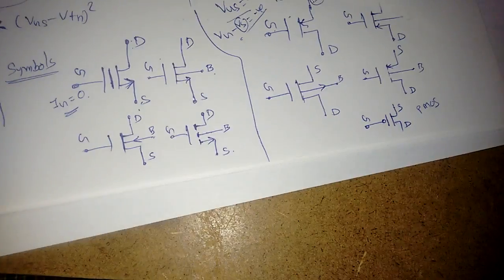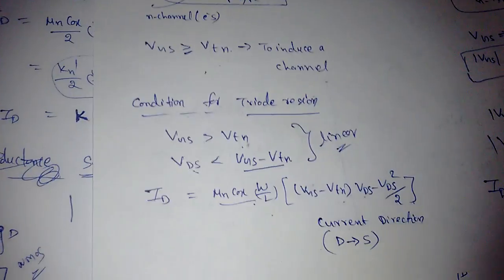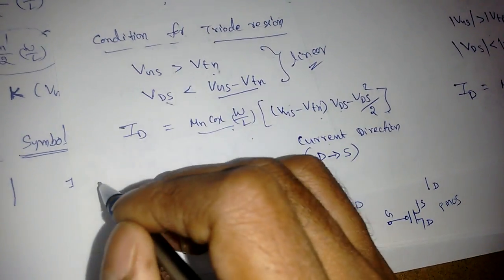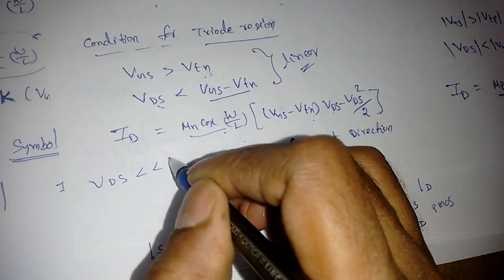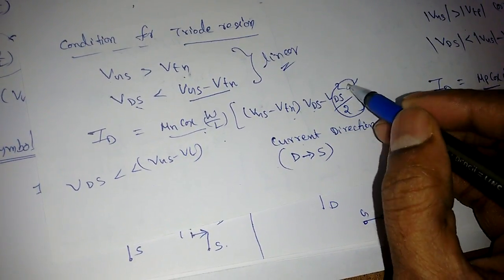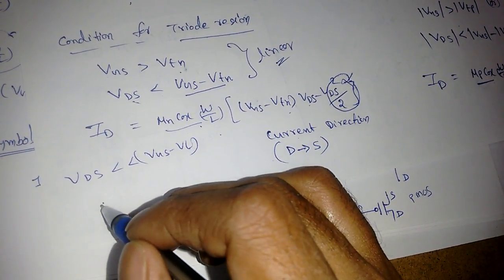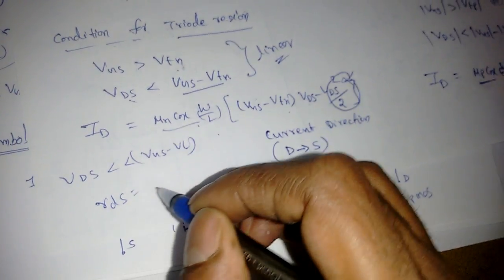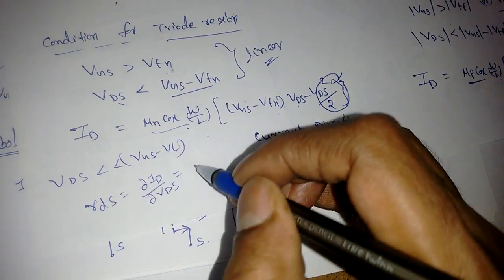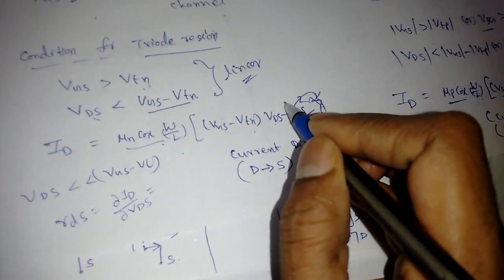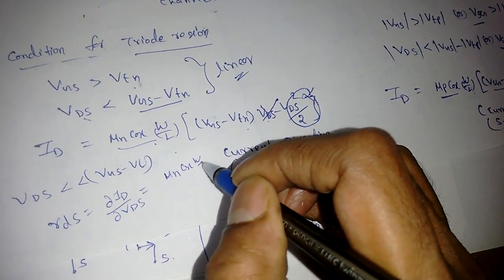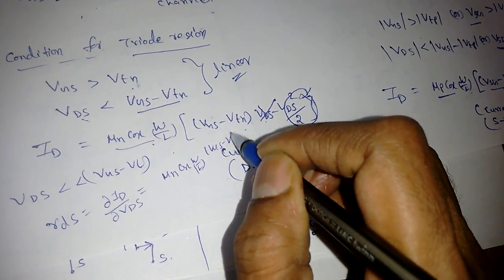Generally we use current biasing technique, so this is most preferably used. Now one more we have to find is in the linear region, where the current is linearly proportional to VDS. If VDS is very much less than VGS minus VT, I can neglect this term. Now if I want to find RDS, the resistance, so delta ID by delta VDS, I will get mu n Cox W by L into VGS minus VT.